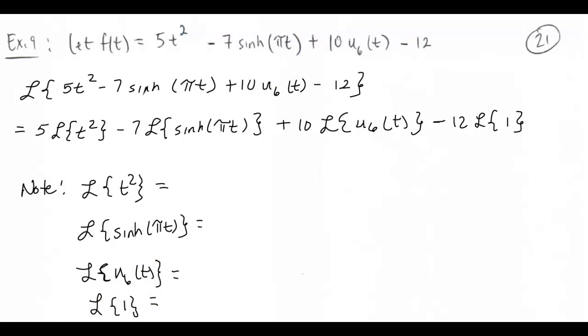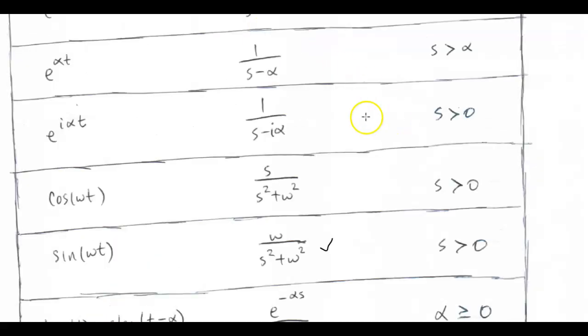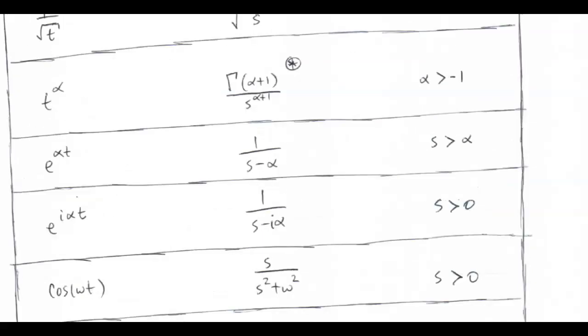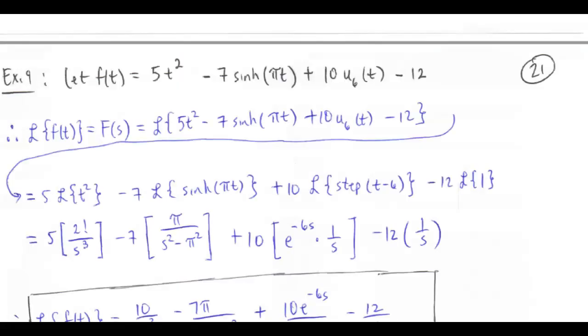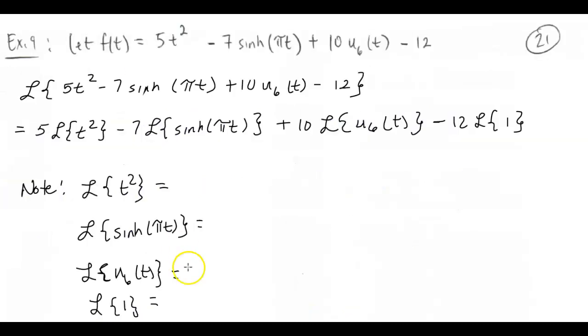If we go to a Laplace transform table here, what you'll see is the Laplace transform of 1 is just 1 over s. So we see here that that is just 1 over s.